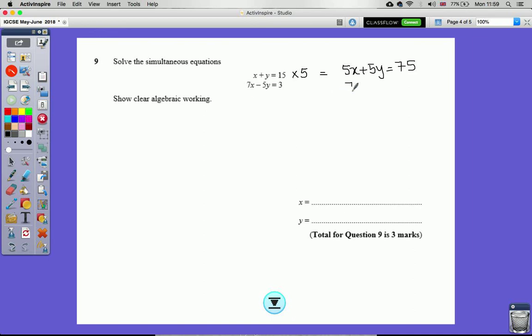Underneath that, I'm going to write down 7x minus 5y is equal to 3. Now I'm going to add these two equations, because 5y and 5y are similar and one is positive, one is negative. So when I add the equations, 5x plus 7x is 12x, 5y minus 5y cancels out, and 75 plus 3 is 78.